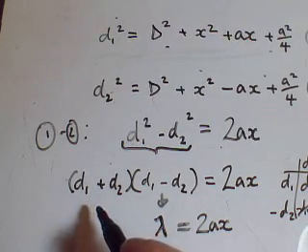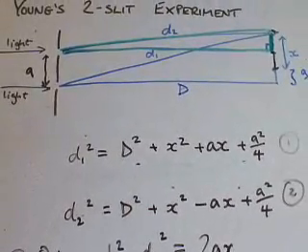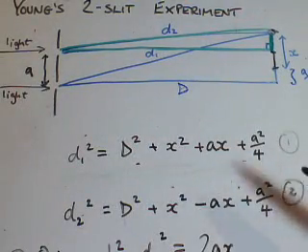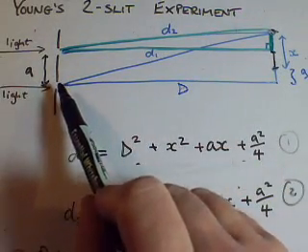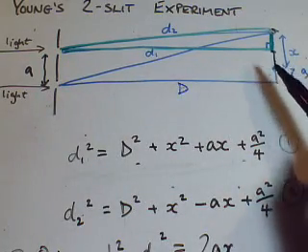Now, d1 plus d2. Now I'm going to do an approximation. Looking at the diagram, if you've seen this experiment, you will know the two slits have to be very close together, and the fringes you get some distance away are also quite close together.